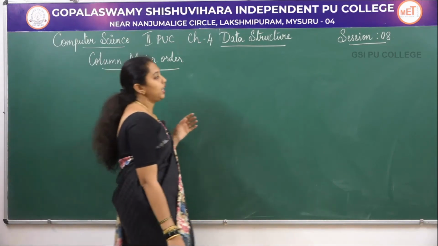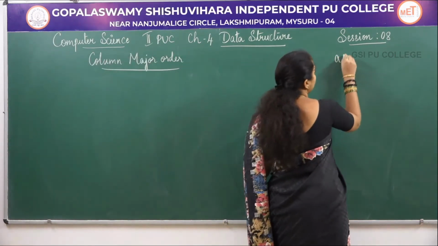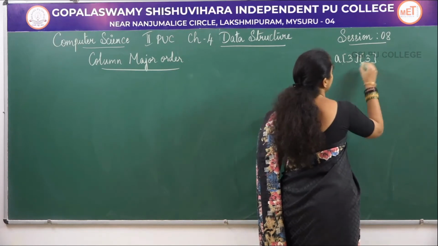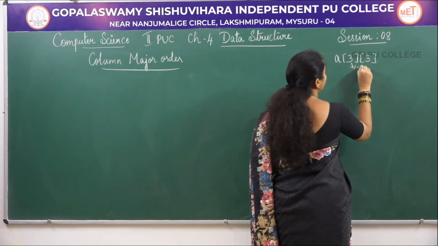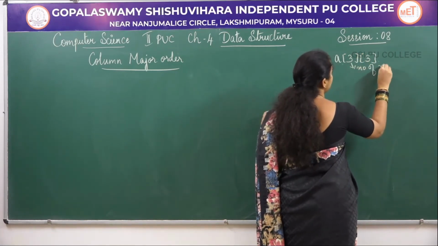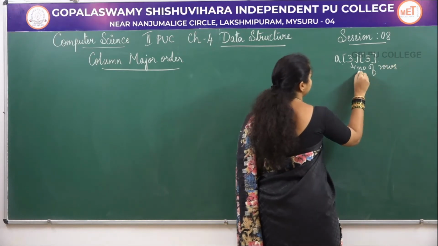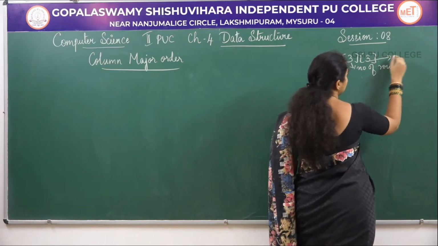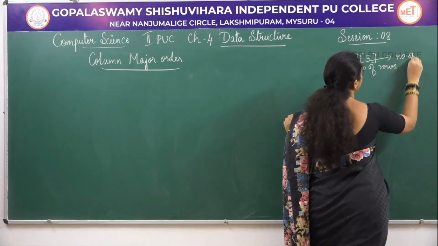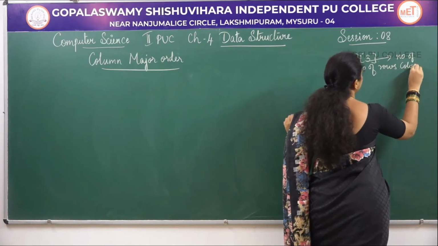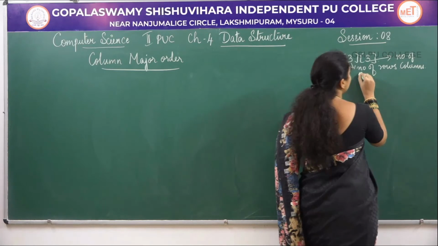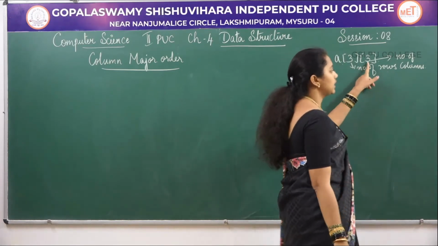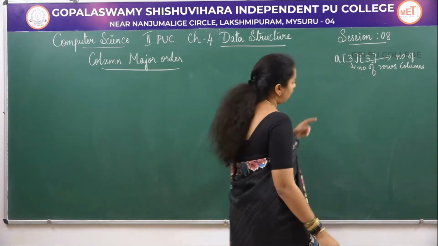So consider an array A of 3 cross 3. This is the number of rows and this represents the number of columns. The first index represents the number of rows and the second index represents the number of columns.